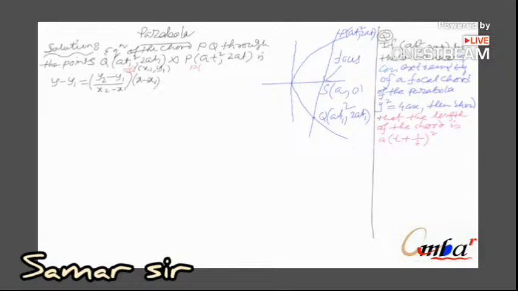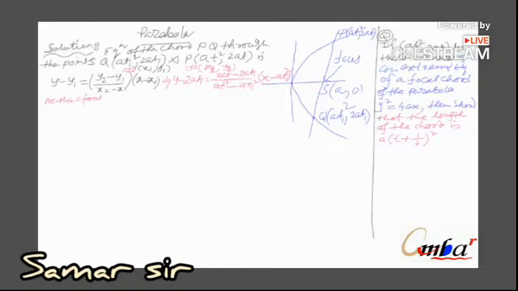This is the equation of a line through the points (x1, y1) and (x2, y2), let us assume as P and Q. This is y − 2at1 = (2at − 2at1)/(at² − at1²) × (x − at1²).